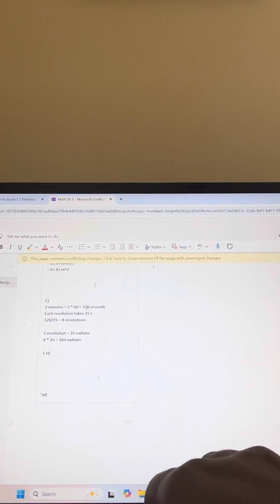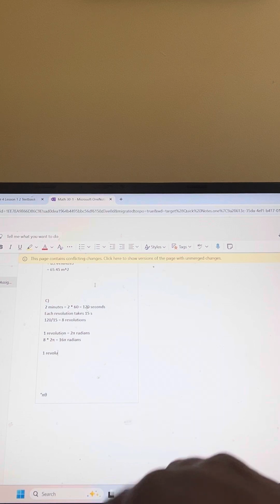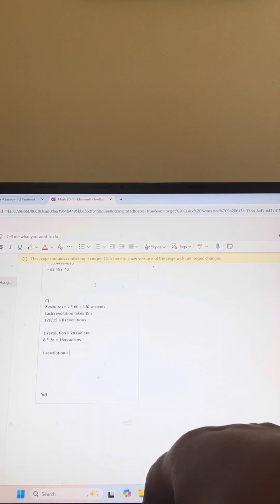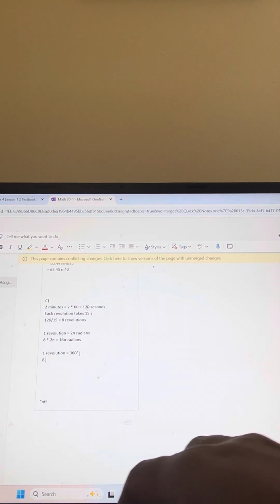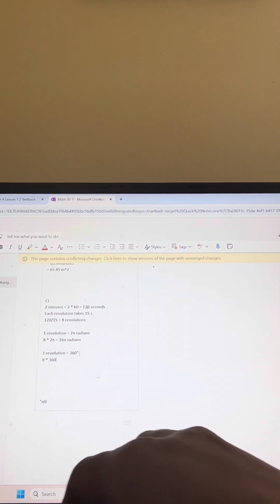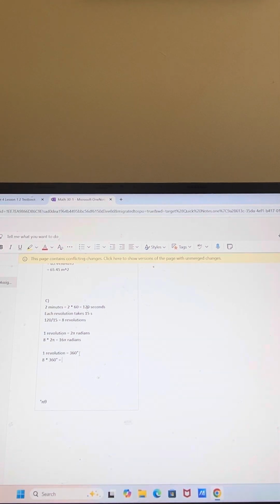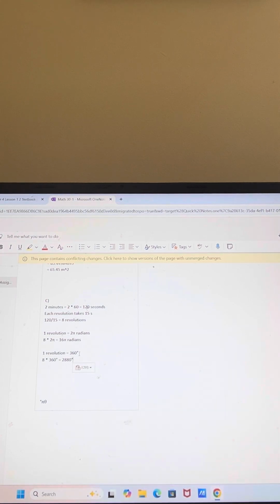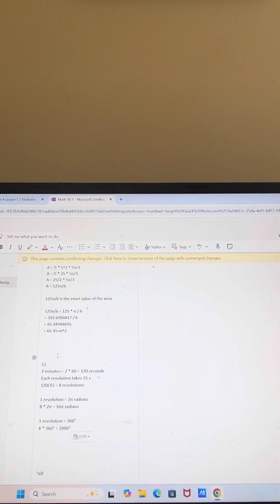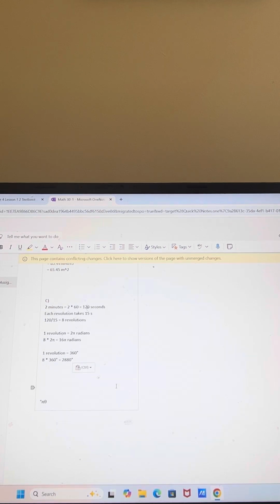For degrees, 1 revolution is equal to 360 degrees. So we're going to do 8 times 360 degrees, and we're going to get 2,880 degrees. And this is our final answer for C. So now we have A, B, and C, which answers the question, and that concludes this lesson.